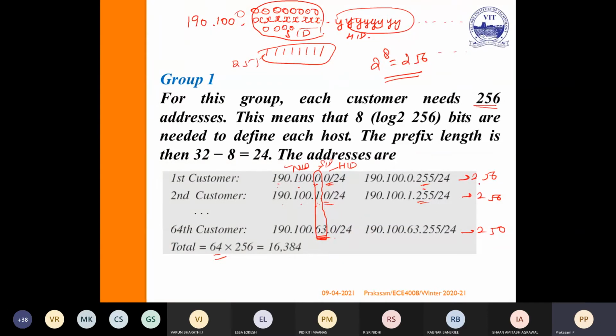For each customer I am allocating 256. Now the total allocated for group 1 is 16,384.